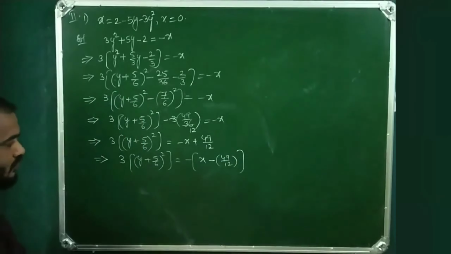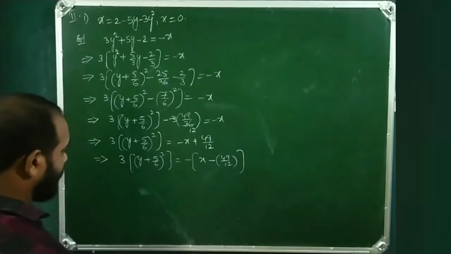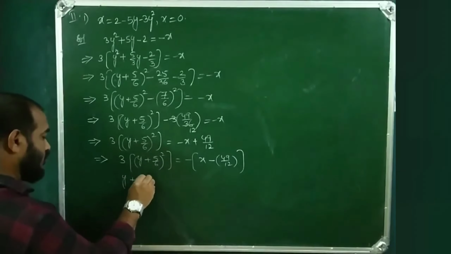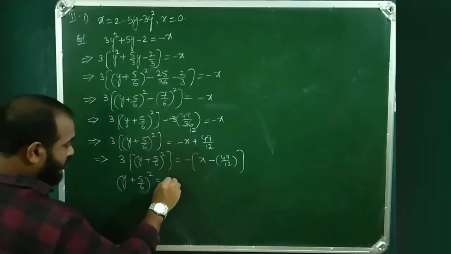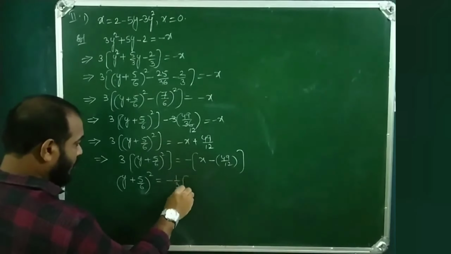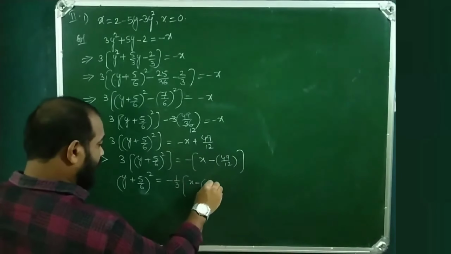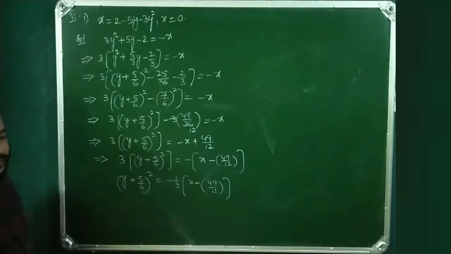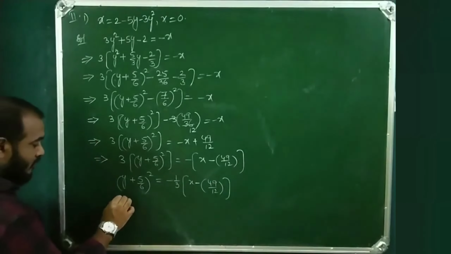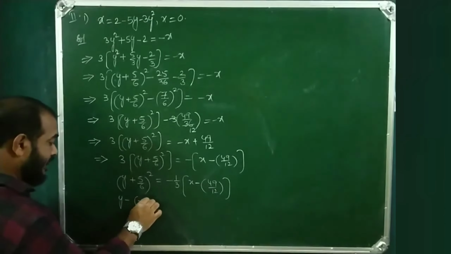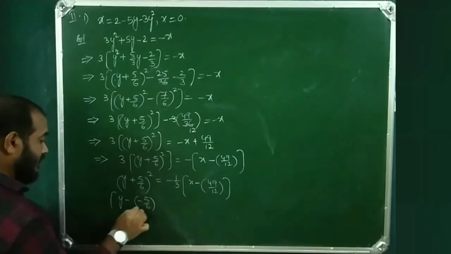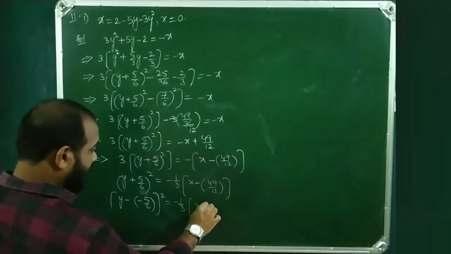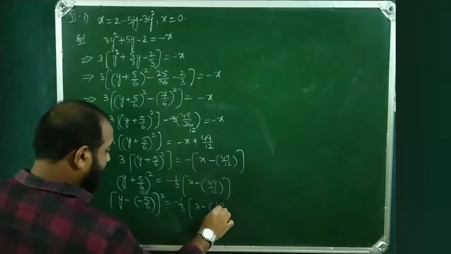So this is equals to y plus 5 by 6 whole square is equals to minus of 1 by 3 into x minus of 49 by 12. Therefore, this is the parabola. This can be written as y minus of minus 5 by 6 whole square is equals to minus 1 by 3 into x minus 49 by 12.